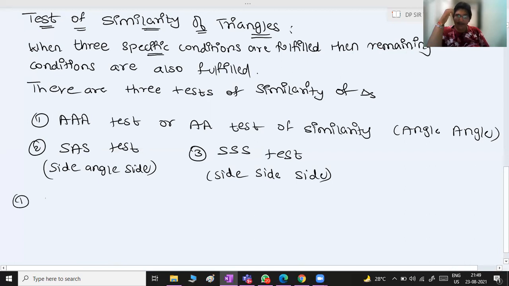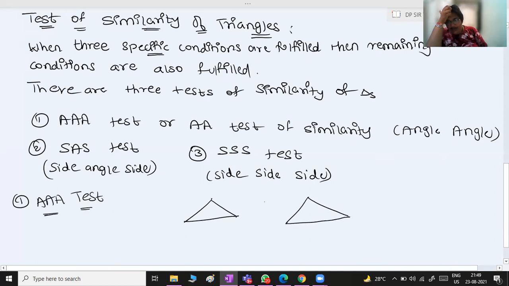So पहला, when I talk about double A या triple A, ठीक है, ट्रिपल ए टेस्ट बोलो या डबल ए टेस्ट बोलो, let me have two triangles. ये ट्रायंगल नंबर 1 एंड ये मेरा ट्रायंगल नंबर 2. Let this be ABC, let this be PQR, since they are the standard names.